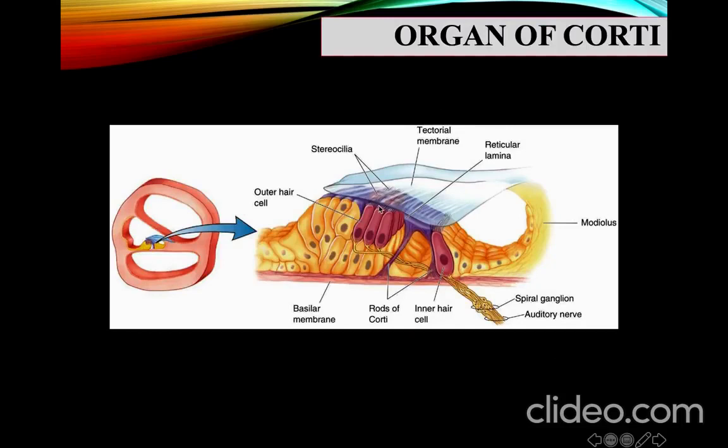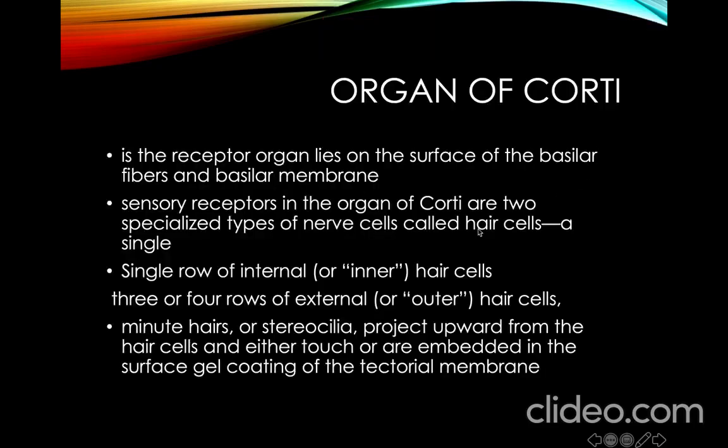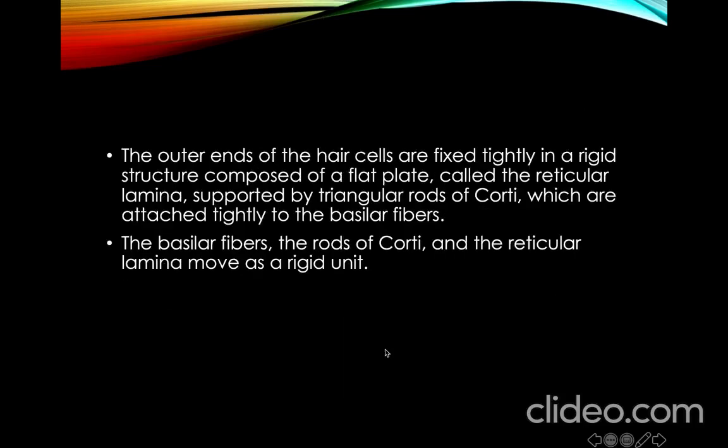As you can see, there are very small fibers originating from the hair cells. These small fibers are known simply as hair, or stereocilia, and they are embedded in the tectorial membrane. Here you can see they are embedded in the tectorial membrane.